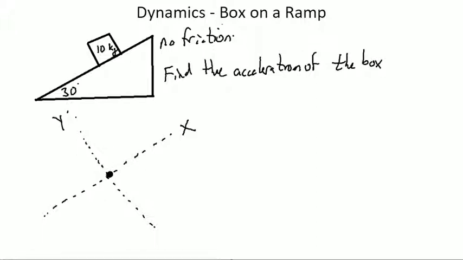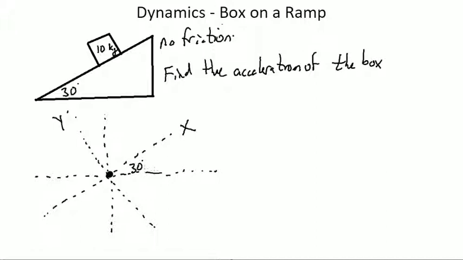I would like to get this number on there, so I'm also going to put in my horizontal and vertical. It's a little bit hard to keep these lines straight on the computer, but there's my horizontal and vertical, and I can see that this angle from horizontal to my ramp is 30 degrees.